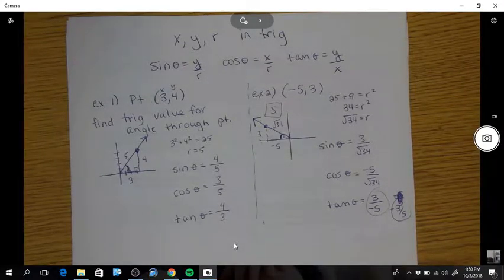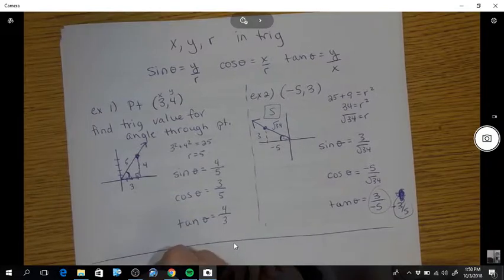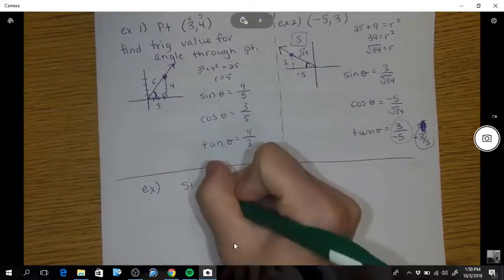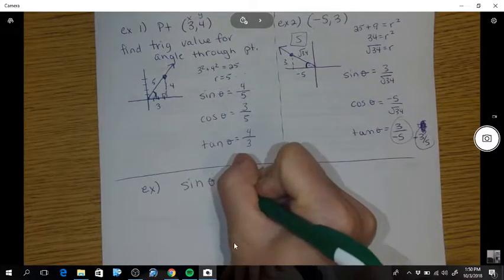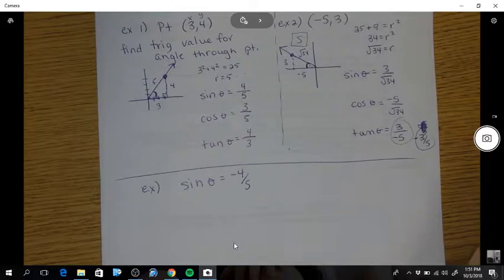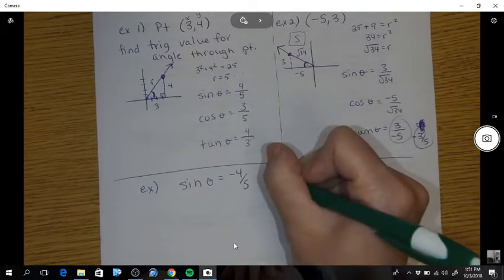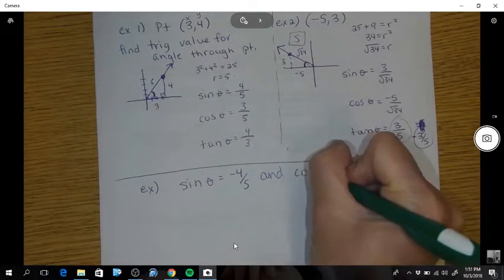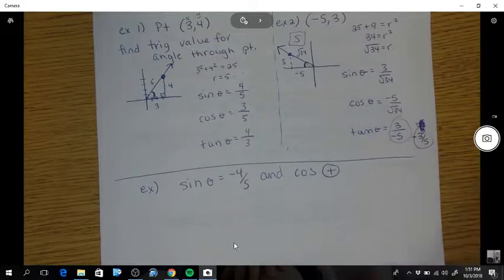Okay, let's do a different example. This is the harder type. I'm going to give you information. I'm going to tell you the sine ratio is -4/5, and you also know that cos is positive.